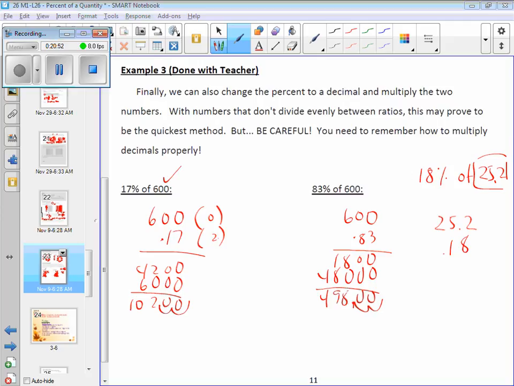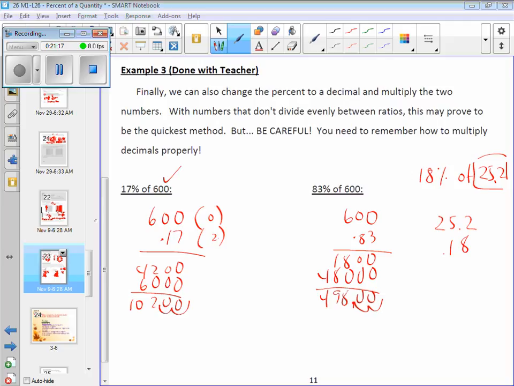A percent times a number is a number. If Matty Stack has 10 pencils, and I take 50% of his pencils, how many pencils do I have? Gave you an easy one you can do in your head. I have 5 pencils. I don't have 5%. A percent of a number is a number.